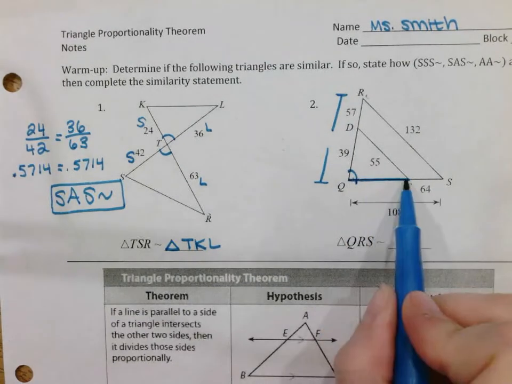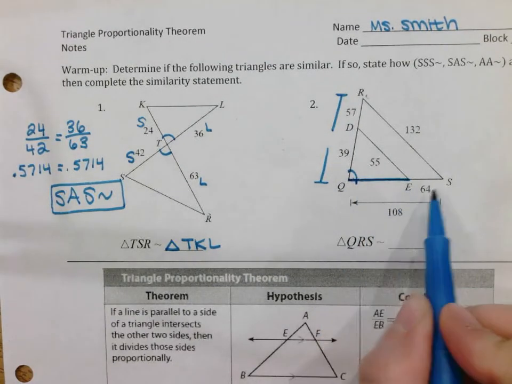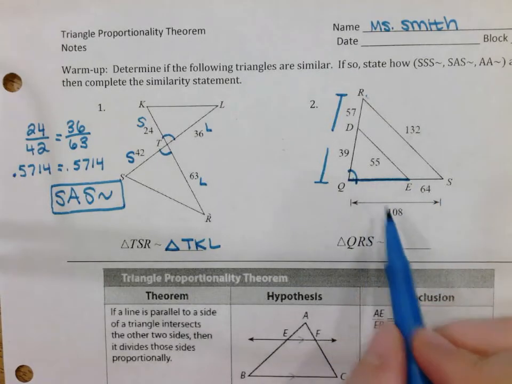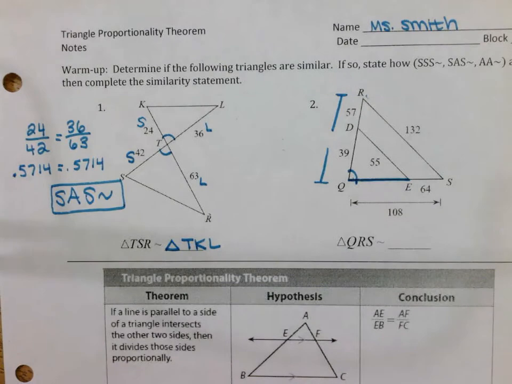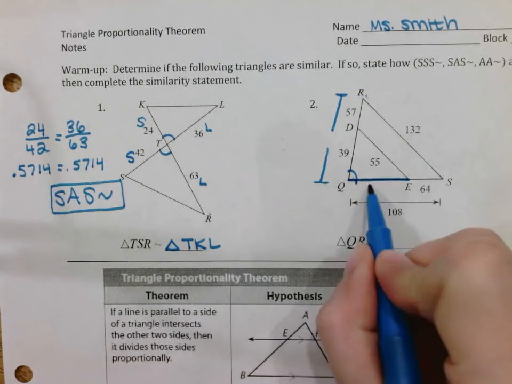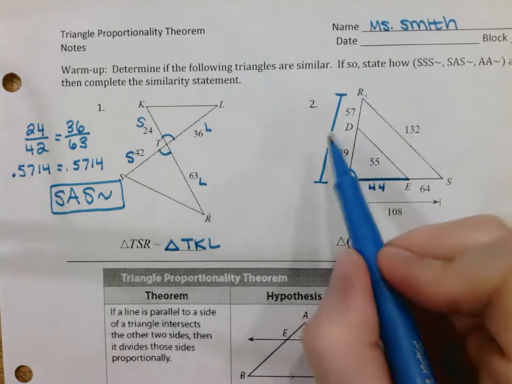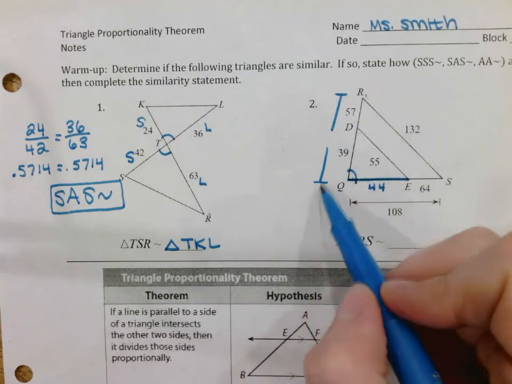So this one, I know that this piece plus 64 is going to give me the whole length, which is 108. So to figure out that piece, we have to do 108 minus 64. And so if you plug that in your calculator, it's going to give us 44. So we know that piece is 44. Now let's figure out this piece of the big triangle.